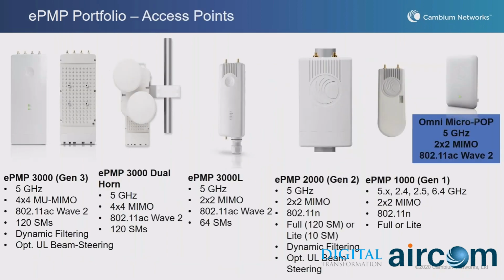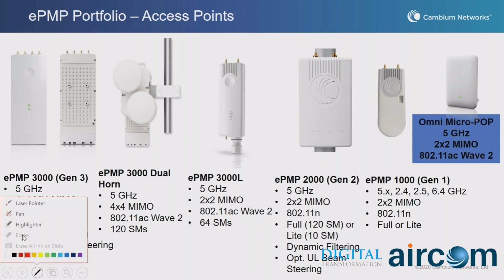Okay, so these are the access points that capture the evolution of the ePMP portfolio. We started, like I mentioned before, with the ePMP 1000, and that product supported these frequency bands: 5 gigahertz, 2.4, 2.5, as well as 6.4, depending on the country of operation.